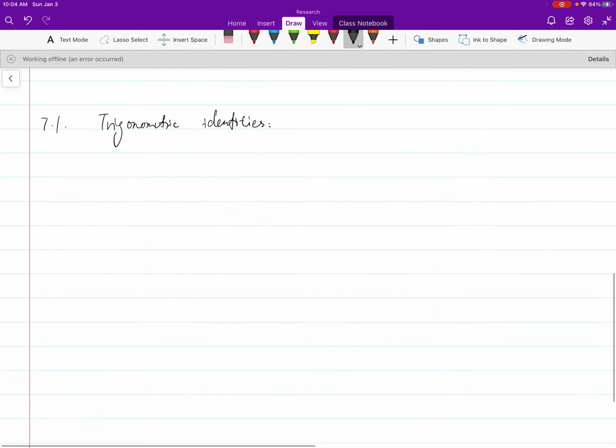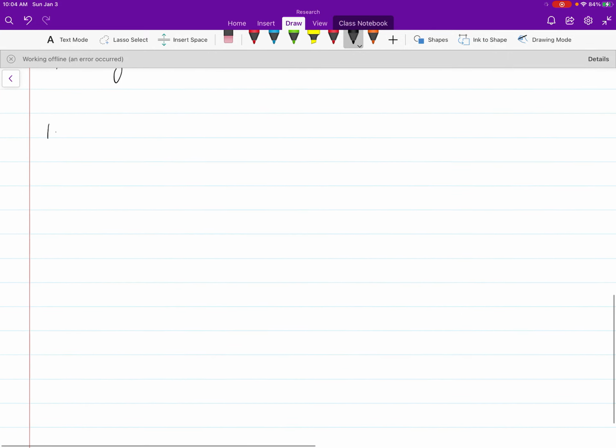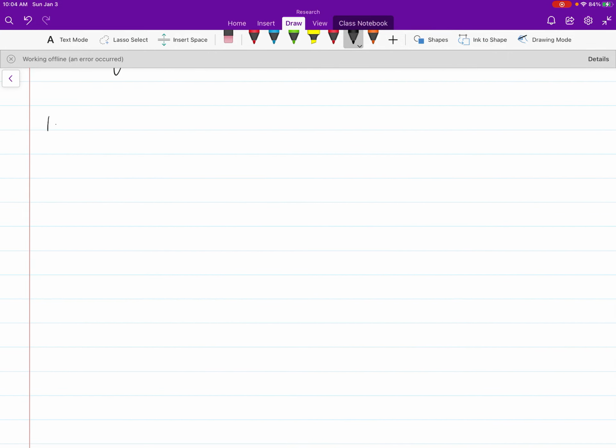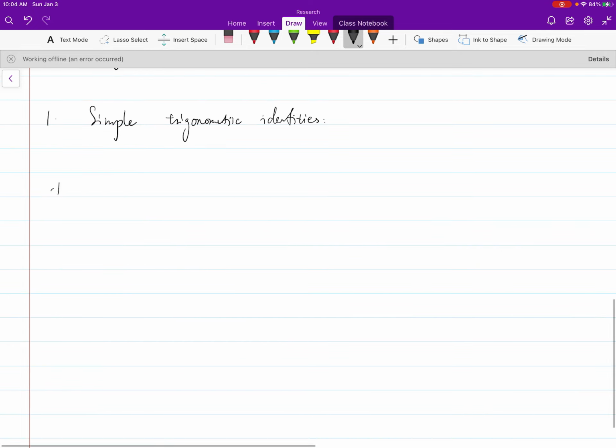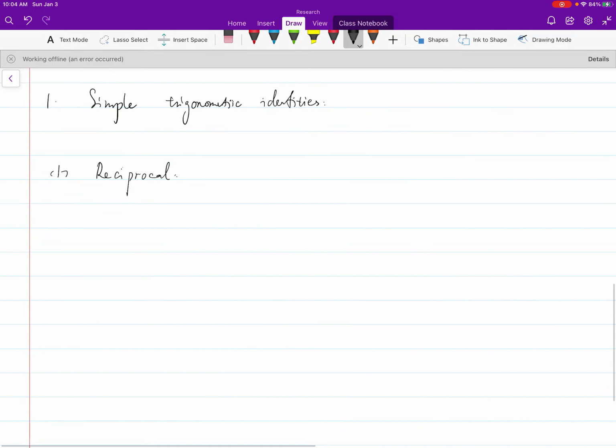trigonometric identities. The first thing we want to write down is all the trigonometric identities we know so far. Moreover, they are simple, so I'm going to call them simple trigonometric identities, including several sets. The first one is going to be the reciprocal.